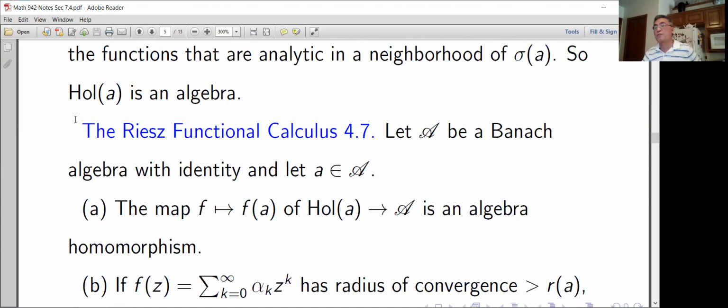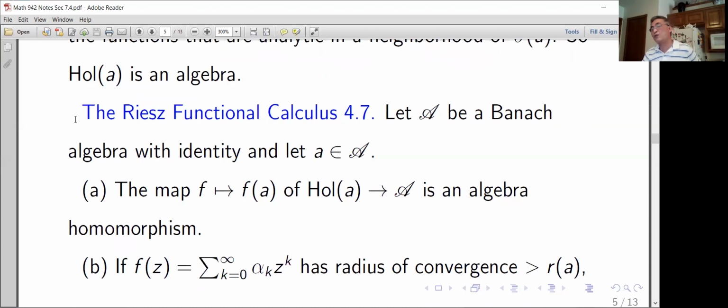B, if f of z is equal to an infinite series, and if the series has a radius of convergence greater than R of A. Remember, this R of A is the spectral radius, the maximum of the absolute value of z, where z is in the spectrum.